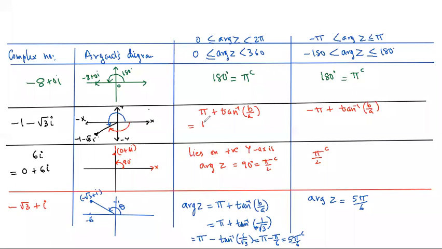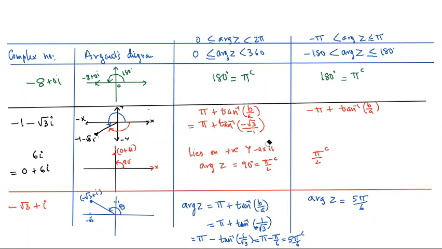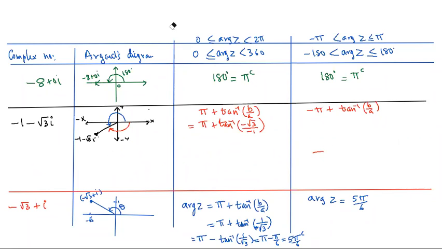So your answer became pi plus tan inverse b by a, where b is -√3 and a is -1. That became pi plus tan inverse √3, which is pi plus 60 degrees, that is 4 pi by 3.